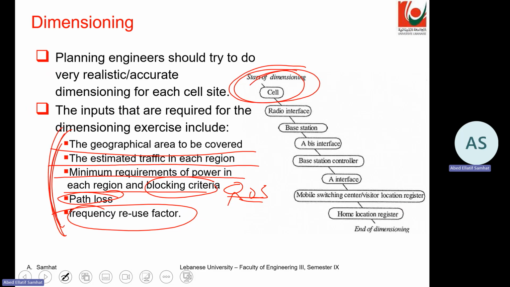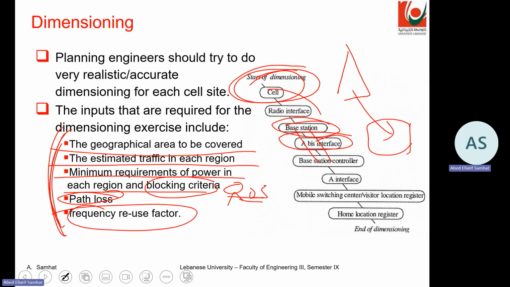And after that, we should continue to see how to put the base station, if you want to control one site or multiple sites and so on. And after that, to dimension the interfaces that you want to connect. So how you want to connect the base station to the base station controller.